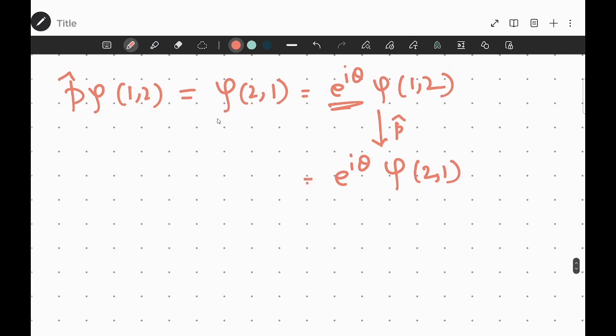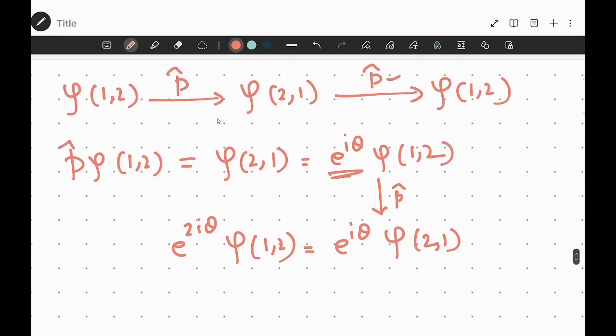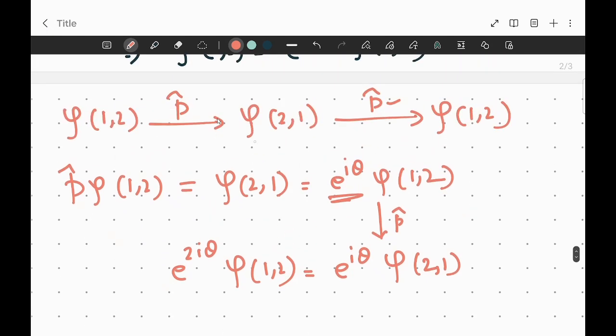So this you can write as e to the power 2 i theta psi 1, 2. That's what I have just written. You can understand. One rotation you give, e to the power i theta will come here. So this state is essentially equal to e to the power i theta into psi 1, 2, and it will be e to the power 2 i theta into psi 1, 2. Okay.